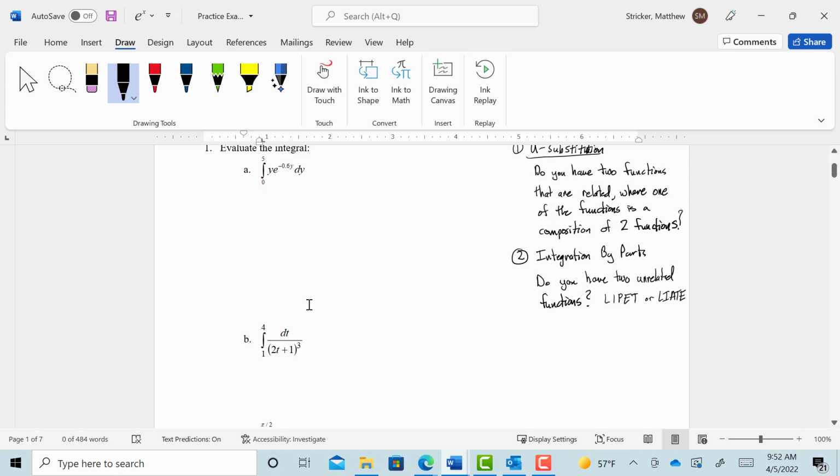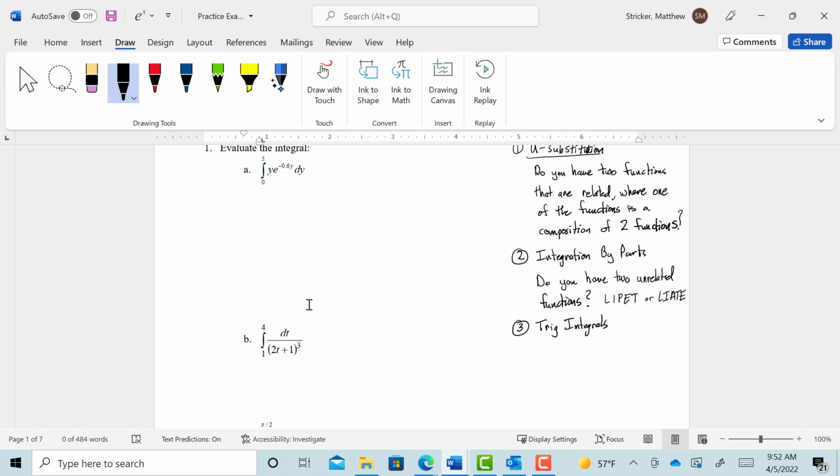Now, what if you don't have two functions? Well, then it's going to fall into some of those other types. So you could have trig integrals, and those typically are going to have powers of sine and cosine, or powers of secant and tangent.